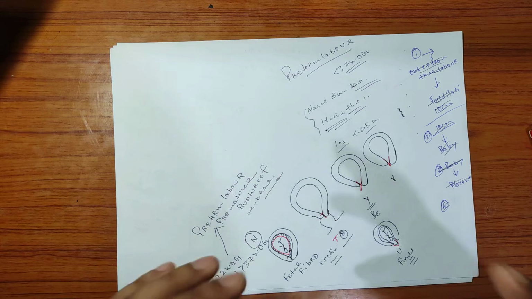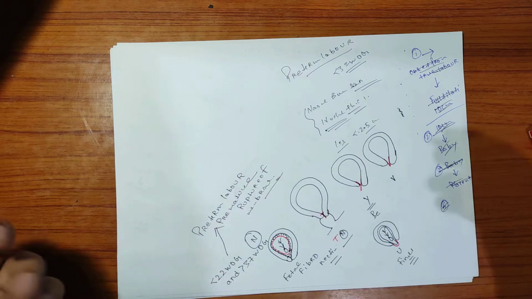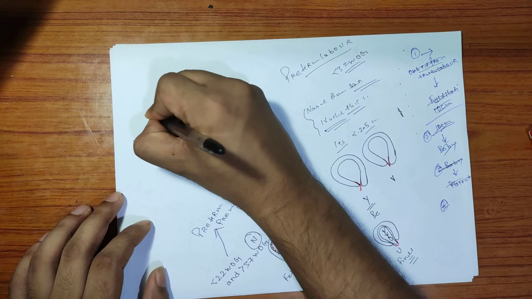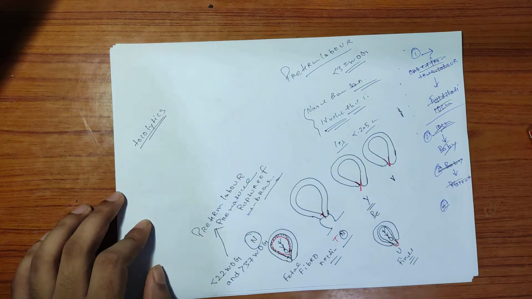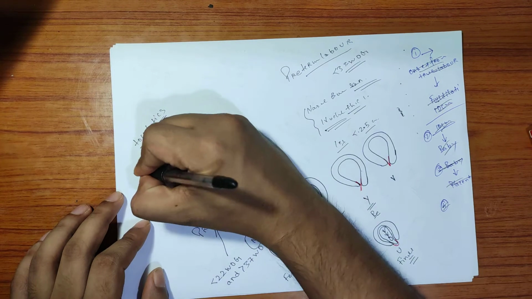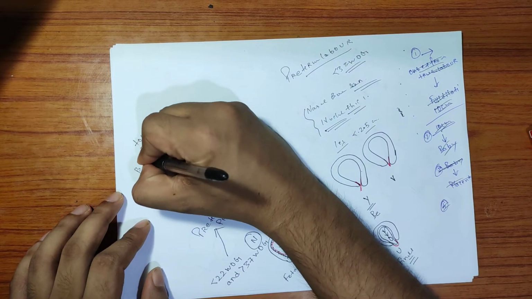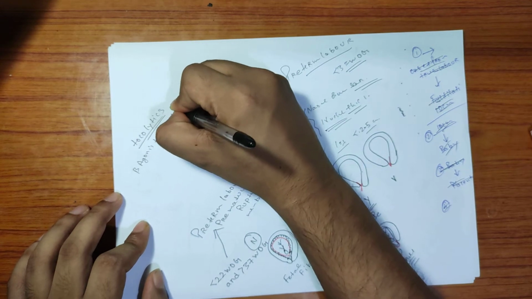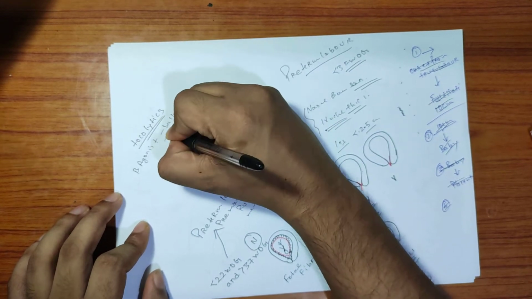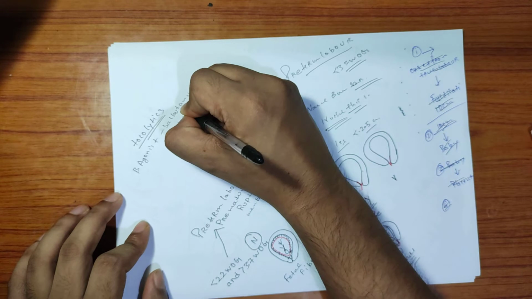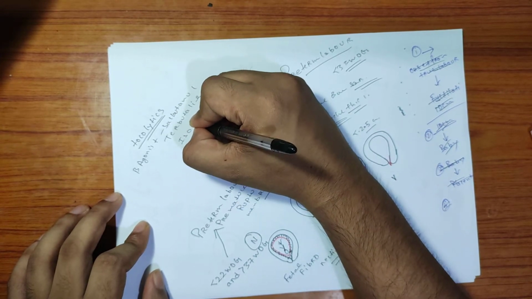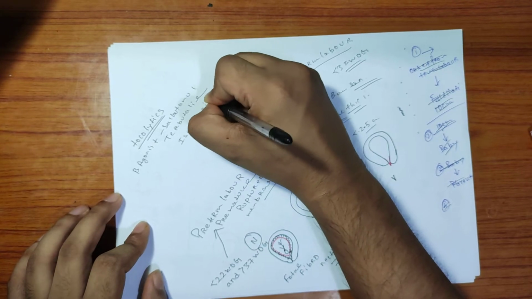So what are the tocolytics? What are the tocolytics that we can use? Okay, all right. So remember, whenever we're talking about tocolytics, we can say beta agonists like salbutamol, terbutaline, isoxsuprine, right?